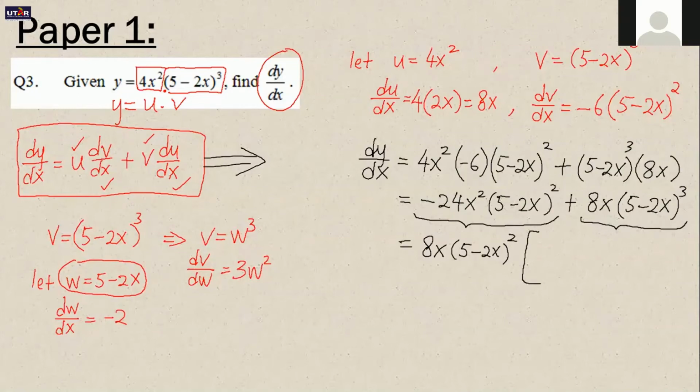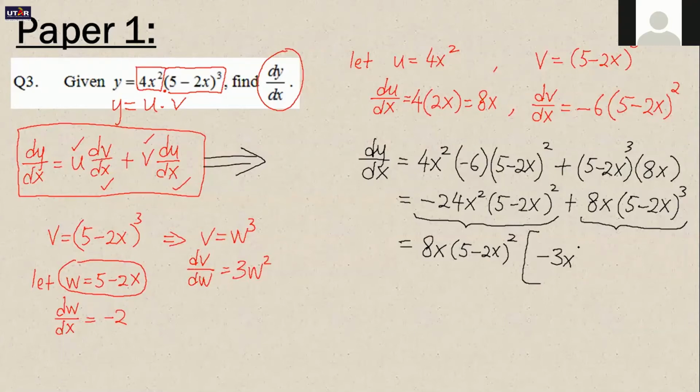So for the first term, when you factorize 8x times 5 minus 2x whole squared, negative 24, factorize the 8, we remain negative 3. X squared, factorize the x, we remain x. 5 minus 2x whole squared, factorize, no more, it's 1.